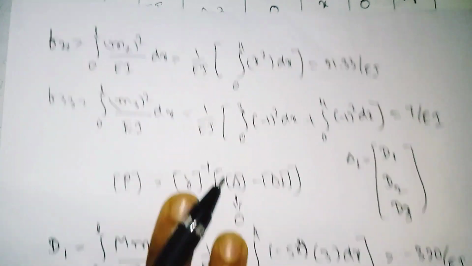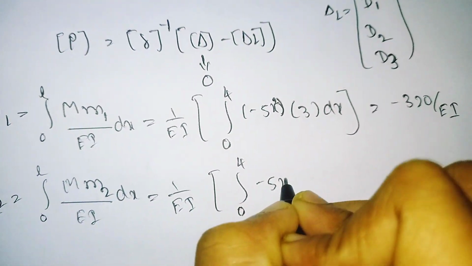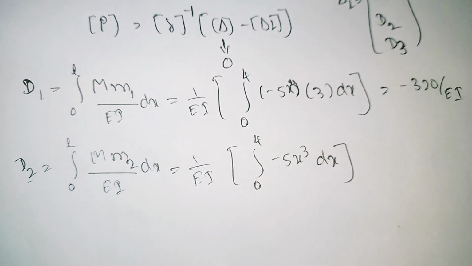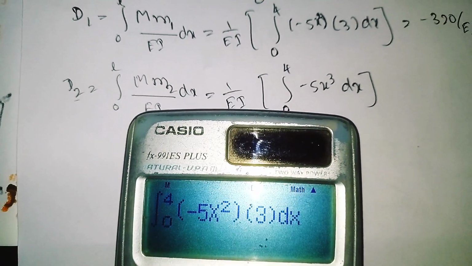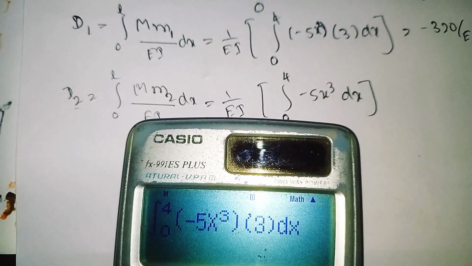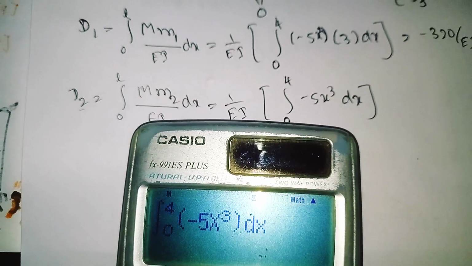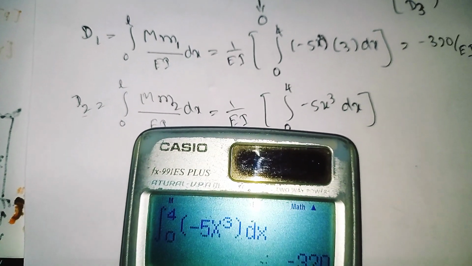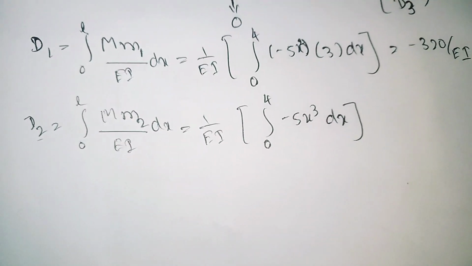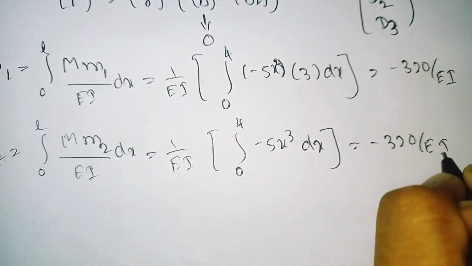Limit is 0 to 4, minus 5x cube dx. By using the calculator we'll solve it. Now solve it. It will come out as minus 320. D2 is also minus 320 divided by EI.